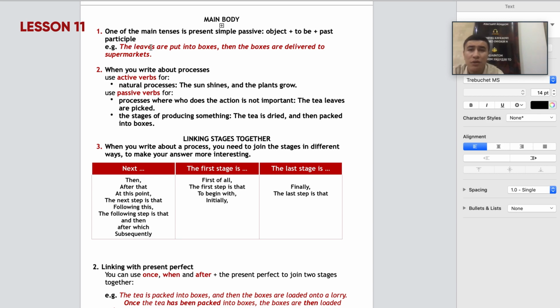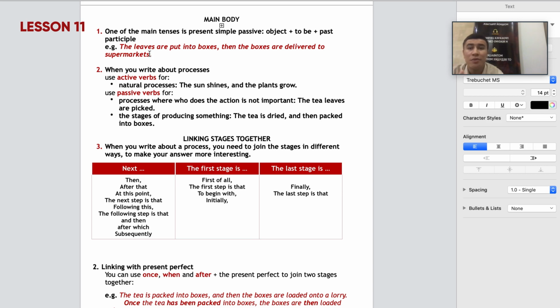The tea leaves, this is your object, are put into boxes, to be and past participle. Then the boxes are delivered to supermarkets. As you can see, this is very simple. And of course, you should be careful.